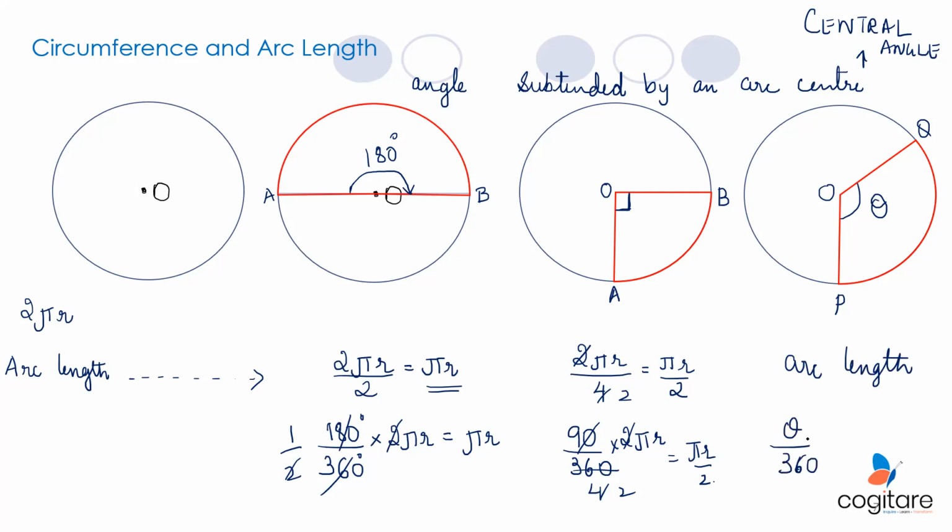It's a part of the entire circumference, and that part is given by theta by 360 into 2 pi r. So this is the formula for arc length. As long as you know the central angle, you can find the arc length. Okay, guys? Fine. Moving on.